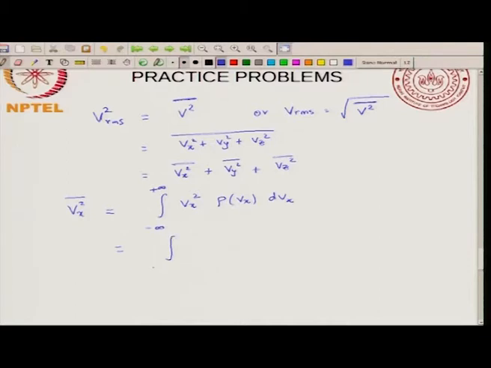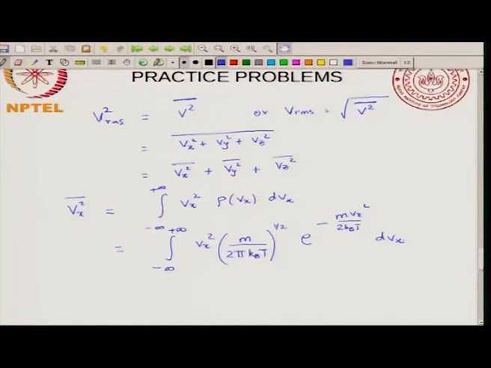Now, p of Vx, we said, was equal to m by 2 pi kBT raised to half, the half because you are looking only at Vx, times e to the minus m Vx square by 2 kBT, dVx.